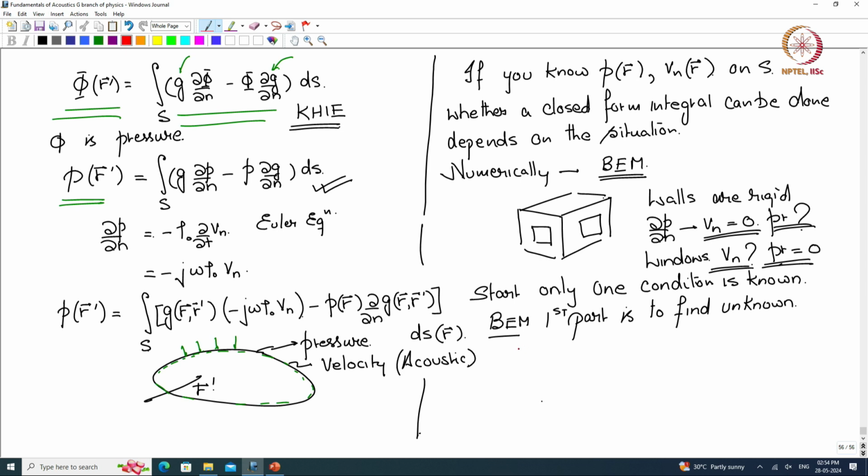So in the first half we are trying to find the boundary information, or boundary conditions. Then in the second half, we use this knowledge of the boundary information of both pressure and velocity, and then we integrate to find the information inside. Okay. So that is the Kirchhoff-Helmholtz integral equation for interior problems.